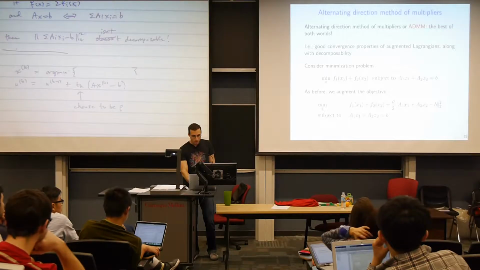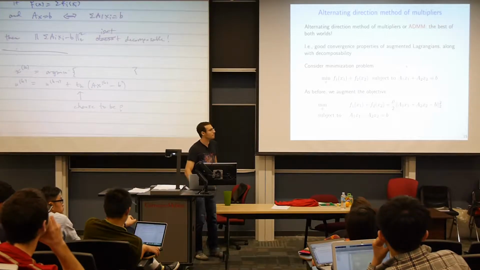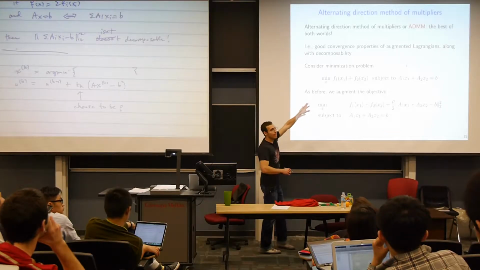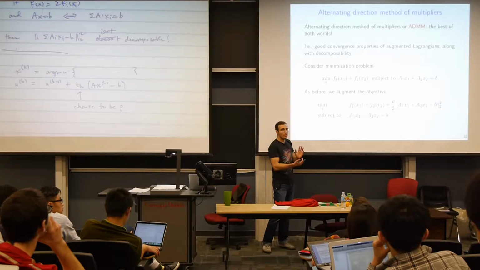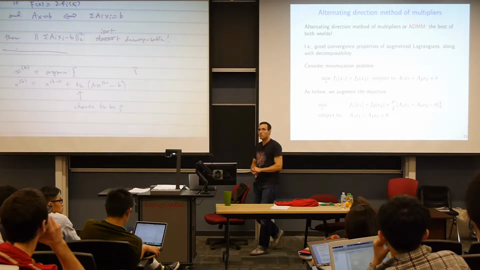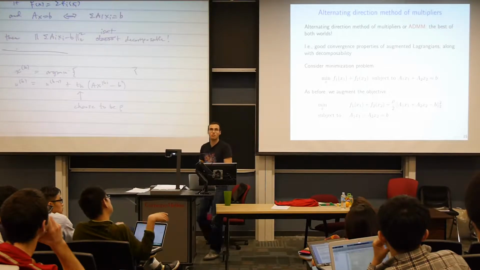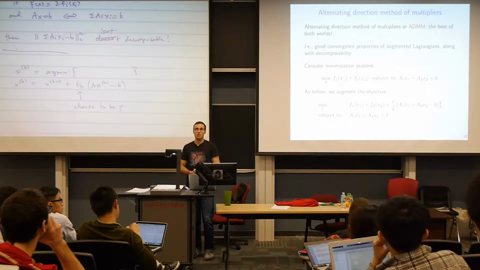So let's consider the following minimization problem, just for simplicity. I have f splitting up over just two blocks of variables: minimize f1 of x1 plus f2 of x2, subject to the constraint Ax equals b, which I'm just writing as A1 times x1 plus A2 times x2 equals b. So what does ADMM do?